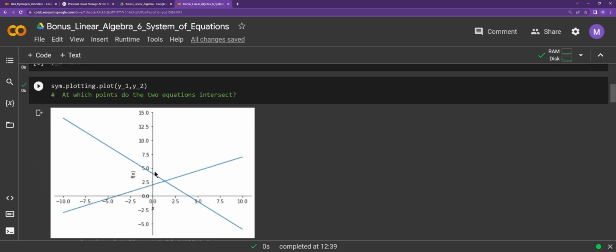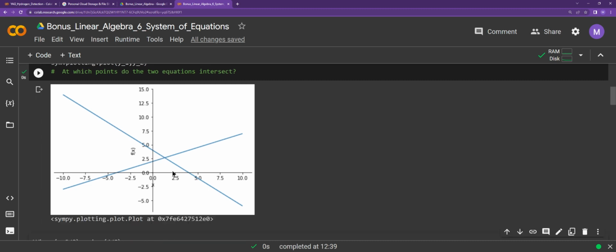Now obviously the point at which these two lines intersect is here. So we have a point where x is, a bit difficult to say, but around maybe 1.25-ish, and y is just over 2.5.